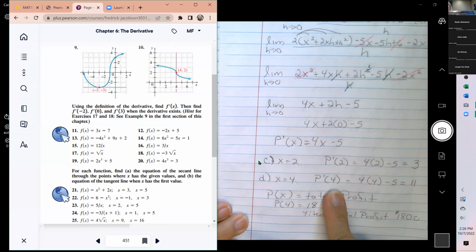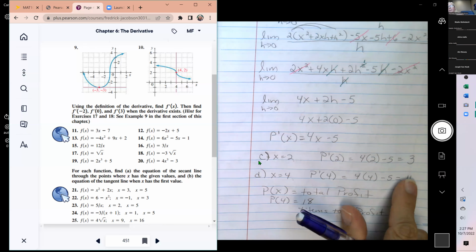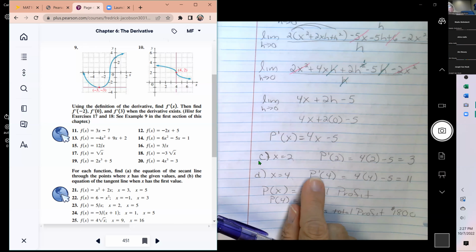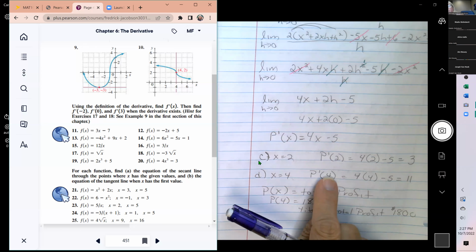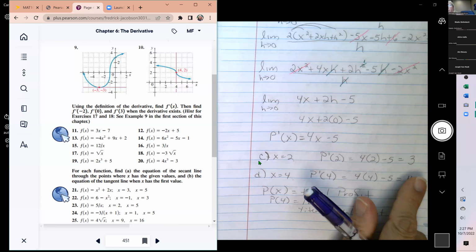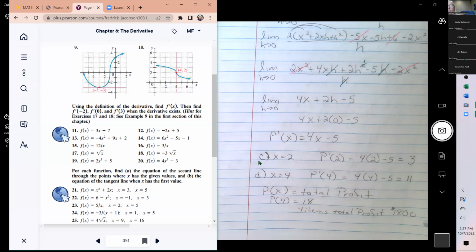When we put it in here, we got 11. This one tells us that we're selling 4 items. If we go one more, we're going to make $1,100 on that item.